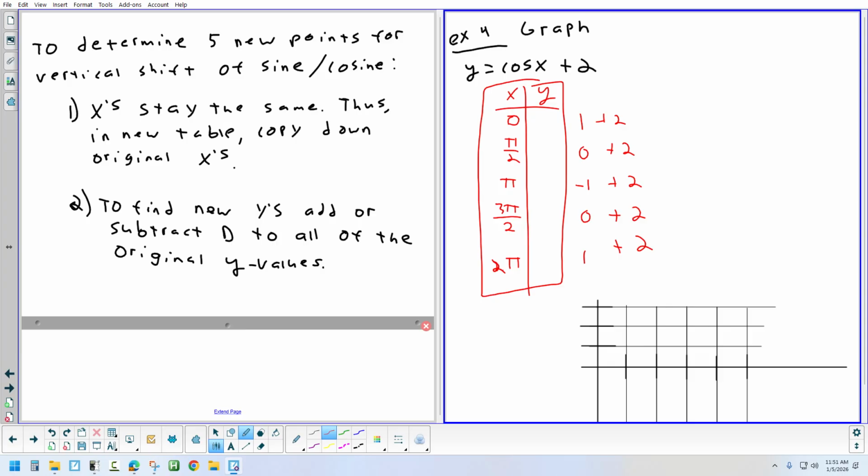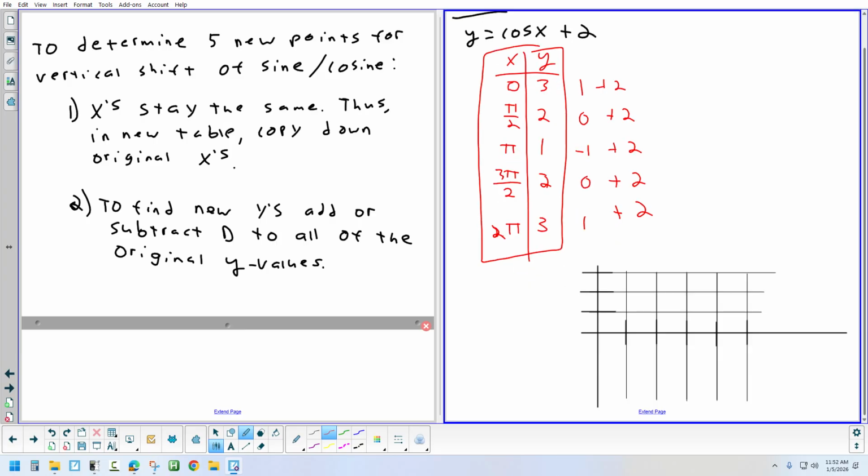Yep. 3, 2, 1, 2, 3. And that's it. So the arithmetic, I think, is easier with a vertical shift than it is with a horizontal.